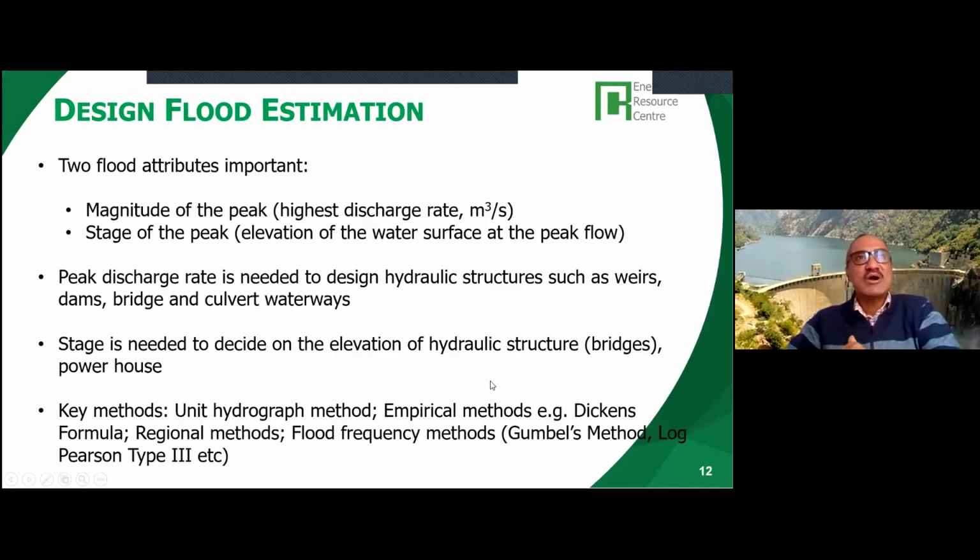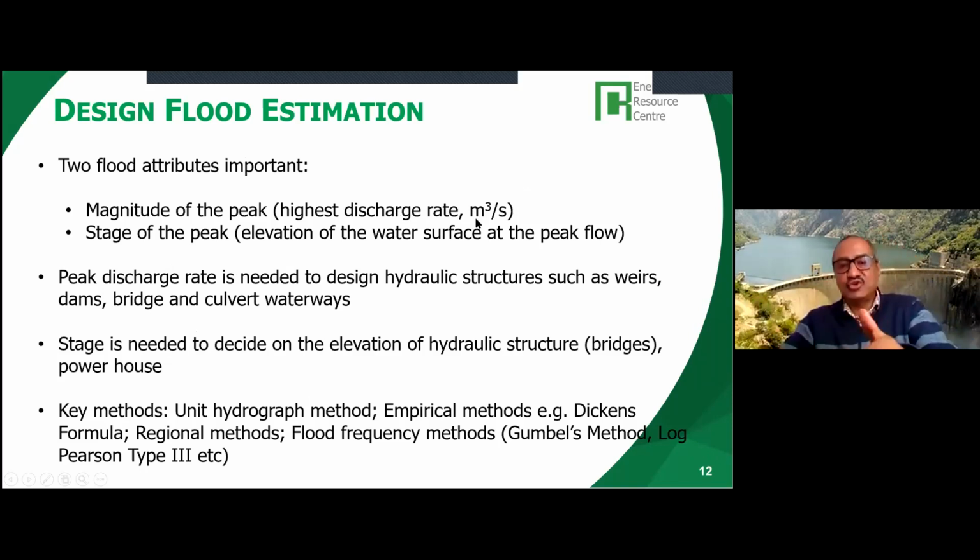Okay, the next one is the design flood. Okay, for the design flood we have to look at two attributes. Okay, one is what is the maximum discharge in terms of volume per second, cubic meter per second. The other thing is what is the water level when this flood occurs?